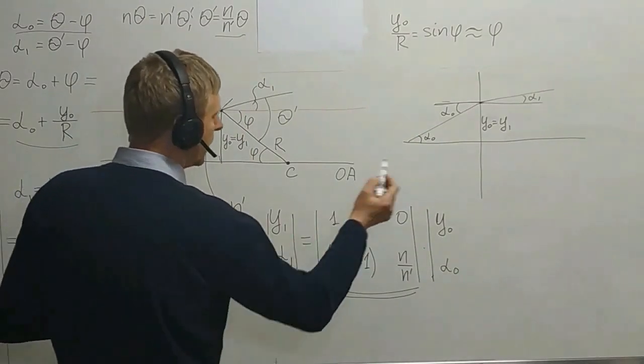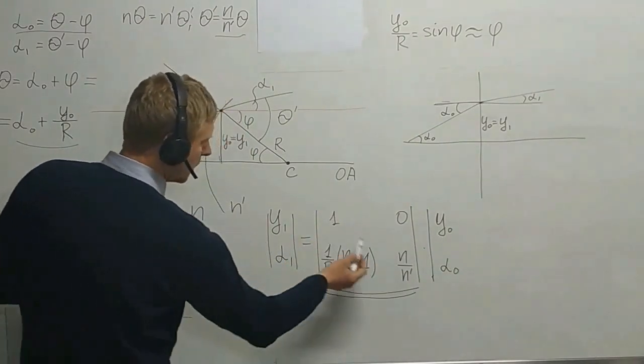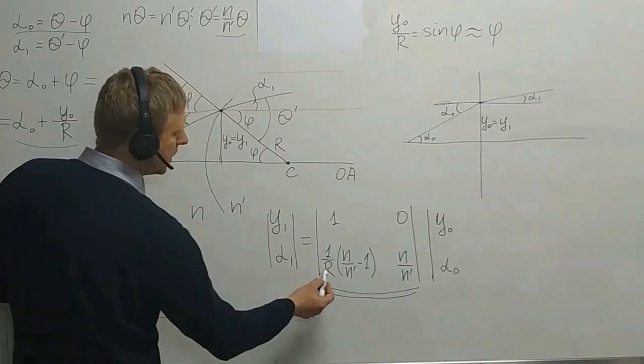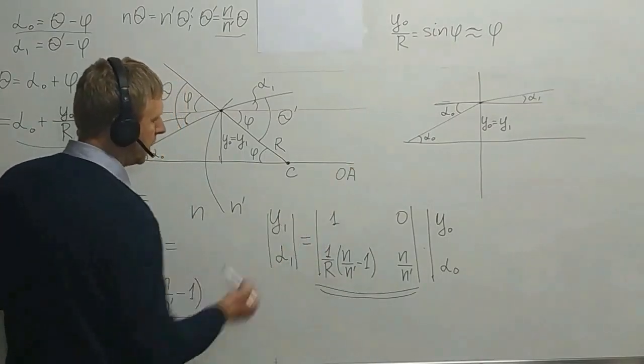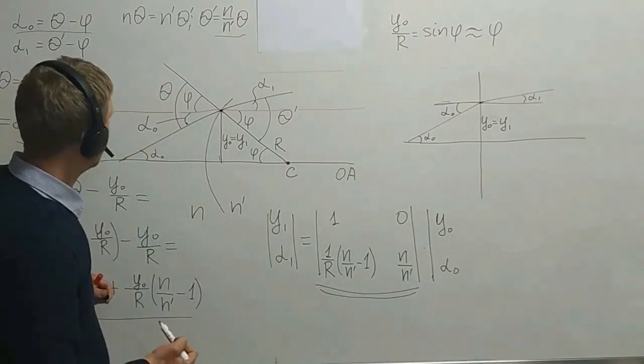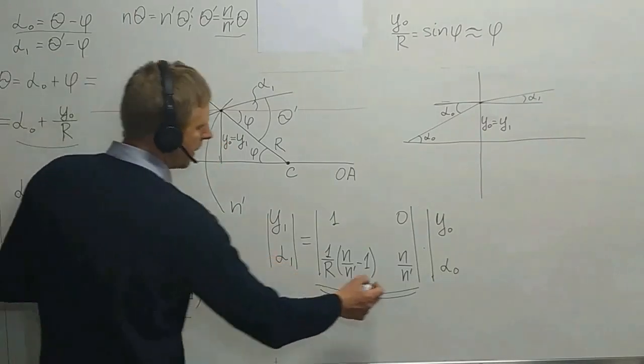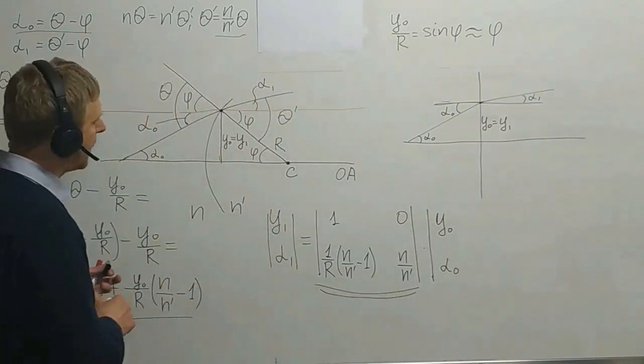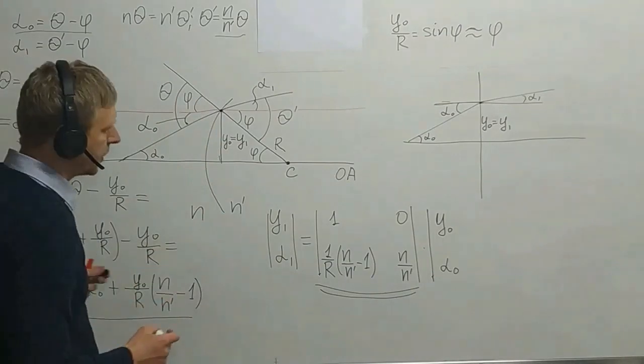So what will change in this matrix? This element becomes 0 because r becomes infinity. So practically we found the refraction matrix for the planar and for the spherical surface as well.